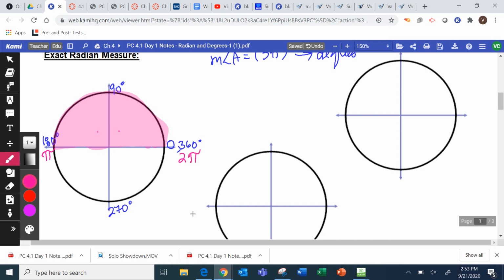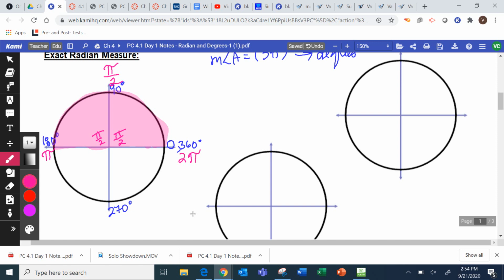So 180 is halfway around the whole circle. Now I'm just looking at the pink section. There are 2 sections in this top section that is pi. If I want to find the measurement of each of them, they are equally spaced, so I take pi and divide it by 2 because there are 2 equal sections. Each of these sections would be pi over 2 in their measurement by themselves.